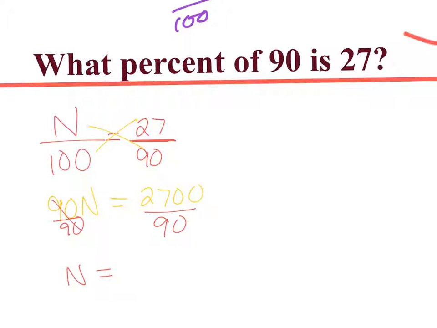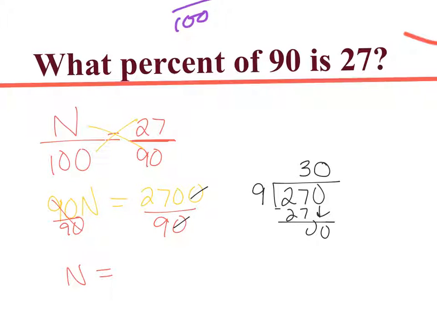When you go to do your division, you can either recognize that since there's a 0 on top and 0 on the bottom, simplify it, and then you do 270 divided by 9, and that's going to give you 30. Now here, you already took the 100 into account, so when you get your answer and they say what percent, it's 30%.